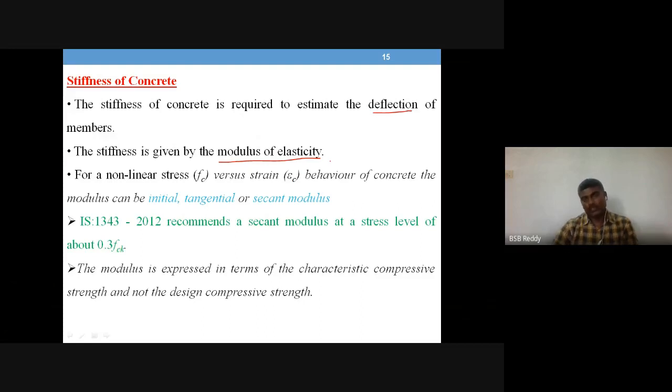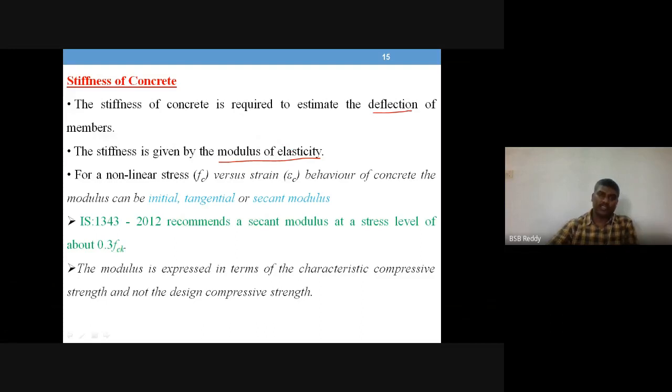Whereas the Young's modulus of steel, you know very well, is 2 into 10 power 5 Newton per mm square. Similarly, what will be the modulus of elasticity for concrete? How do you calculate this? Because for steel, you have a clear linear proportionality limit, so that you can estimate modulus of elasticity by way of the stress strain diagram of steel.